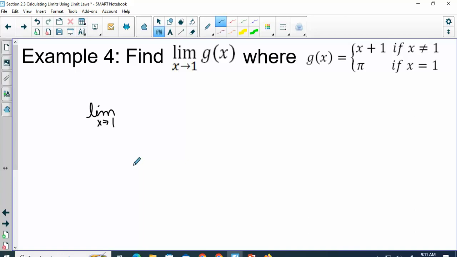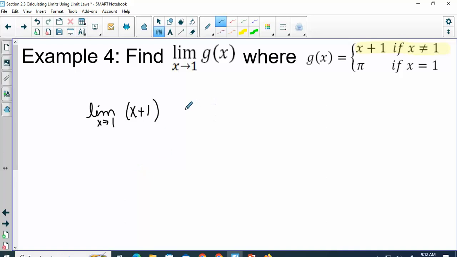So if you are putting numbers bigger or smaller than 1, which of these two pieces are you on? The first. If you're putting in anything except 1, you're on that first piece, right? So when I'm doing this limit, I don't care what happens at 1, I care everywhere else, so I really only care about this first piece.